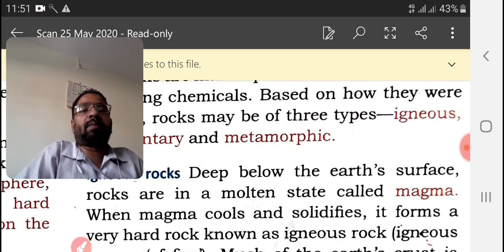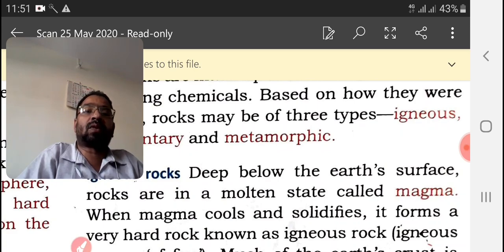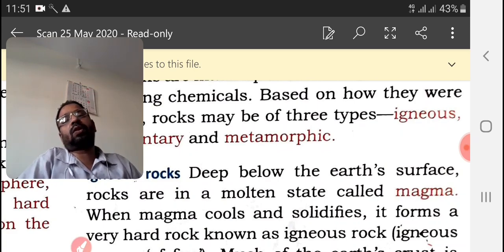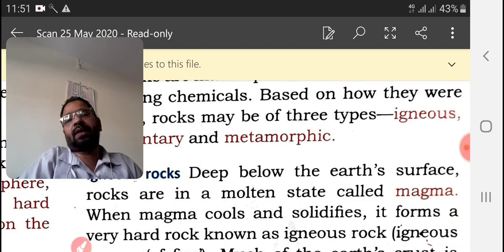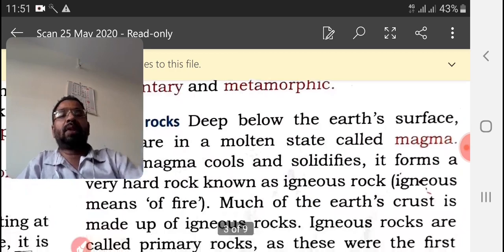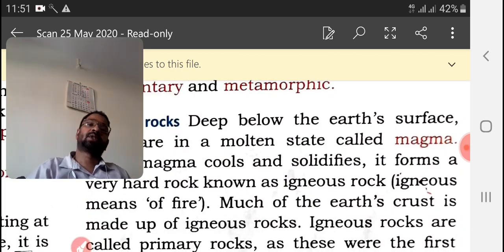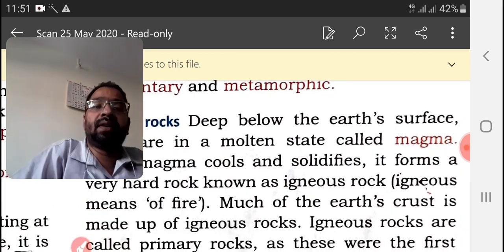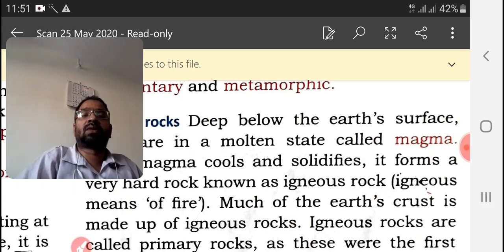When magma cools and solidifies, it forms very hard rock known as igneous rock. Igneous means of fire, because magma has a very high temperature.